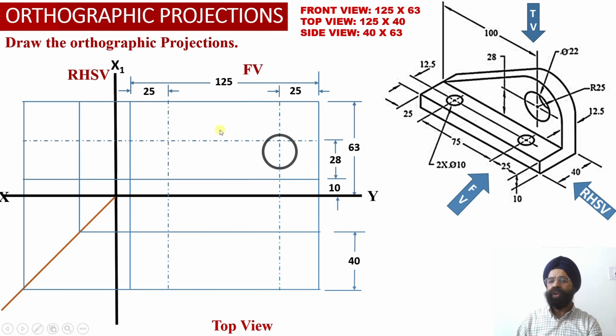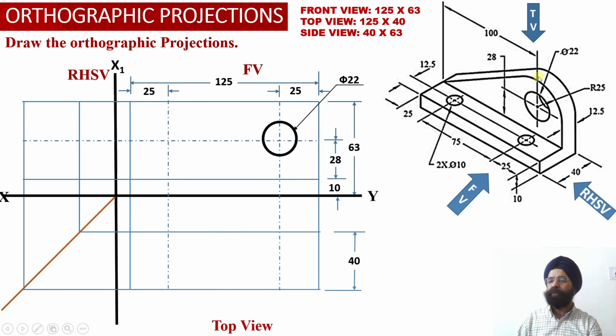Now since we have been able to locate the center point corresponding to a hole having diameter equal to 22 millimeter in the vertical web, we have drawn a circular hole projection into the front view projections, with diameter equal to 22 millimeter, originating from this central point which we have already marked into the front view projections.